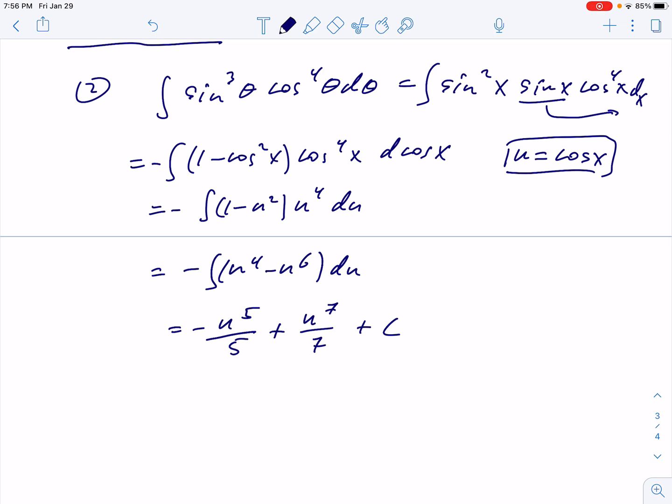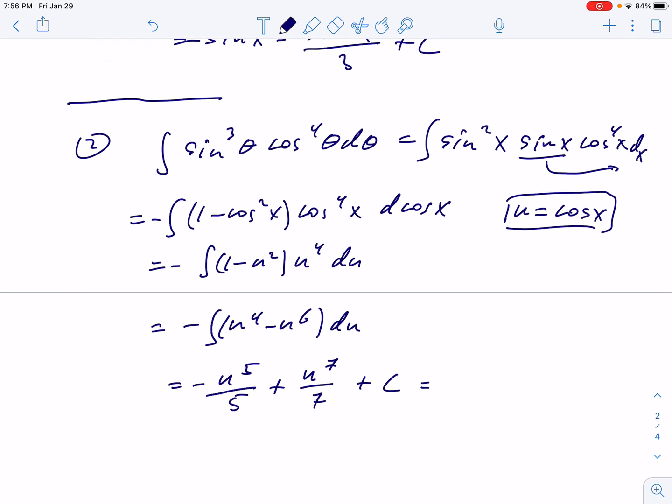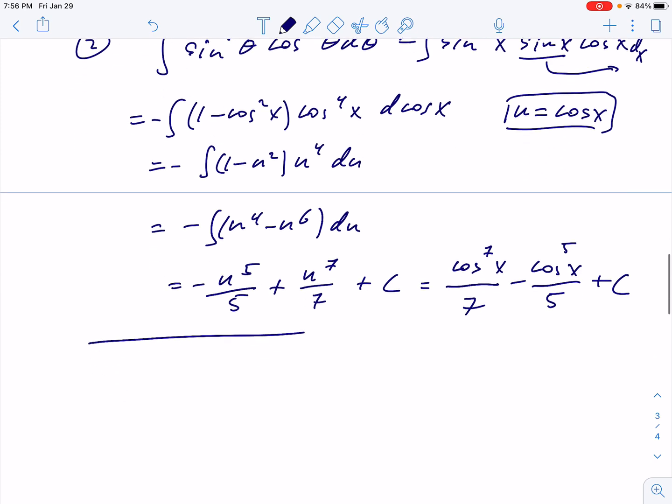Returning to cosine x, let's put the positive first, it will be cosine 7th power x over 7 minus cosine 5th power x over 5 plus c, and that's it. Okay.